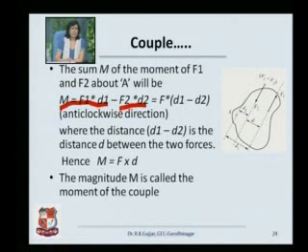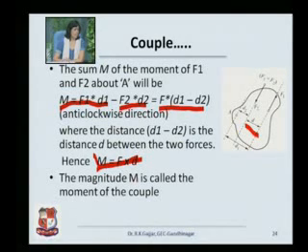Why plus and minus? One is going to cause an anti-clockwise moment, the other is going to cause a clockwise moment. The sum total is going to be F into (d1 minus d2), which is effectively F into d, as we can see over here. So the couple will have a moment equal to F into d.